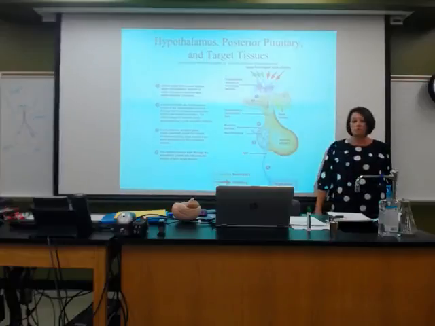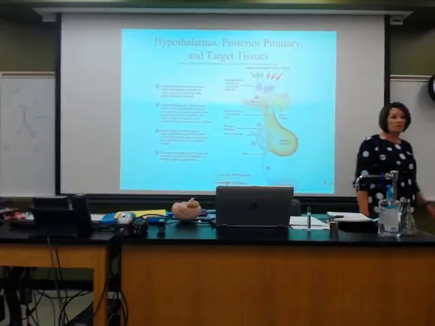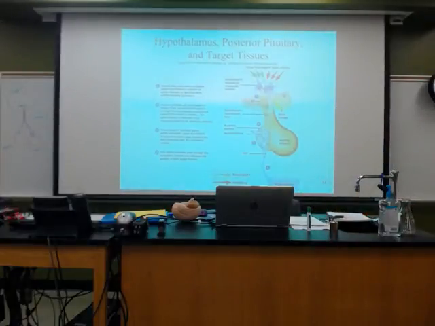That means we will produce either the product or not. So that's a difference. It simply is based upon synapses of this neuron onto the neural tissue in the posterior.